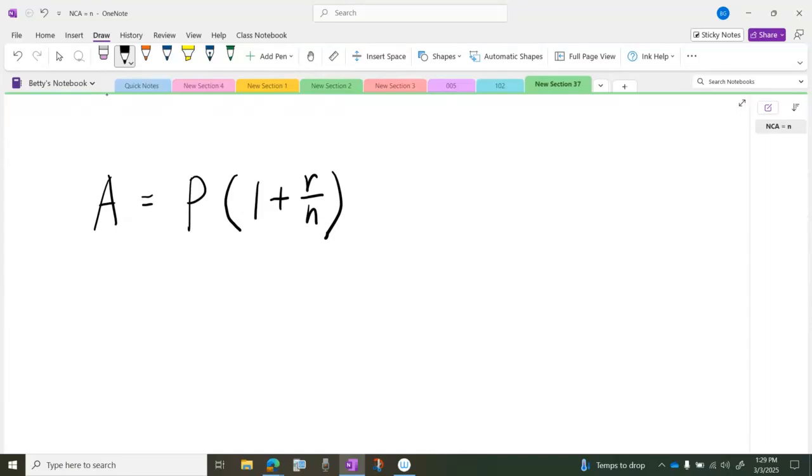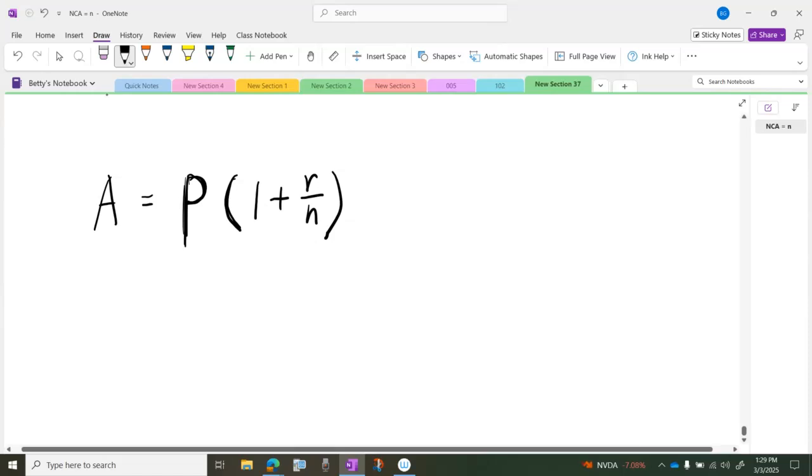All right? Every time your interest is compounded, a new interest is generated and right away becomes part of the principal. So you multiply the current principal at that time by the compounding factor one time. If it's compounded again, you multiply by the compounding factor again.